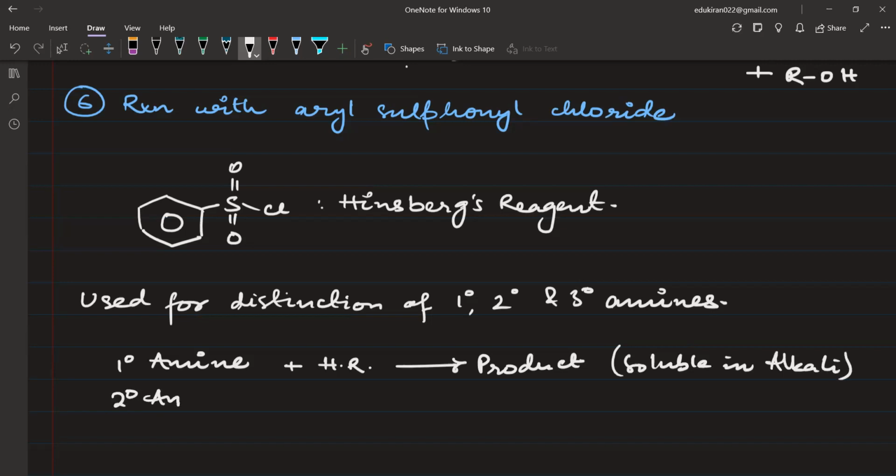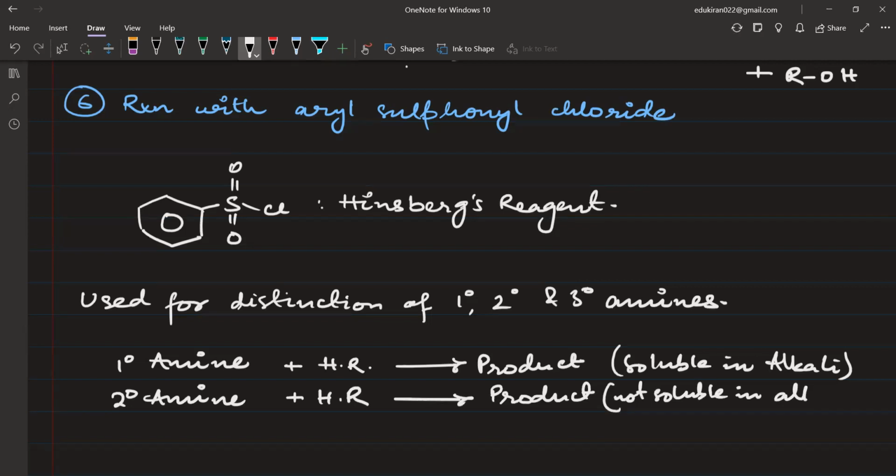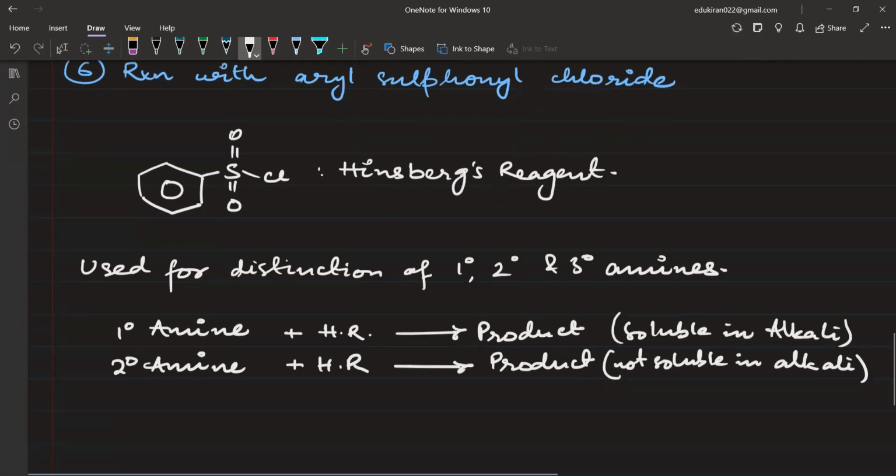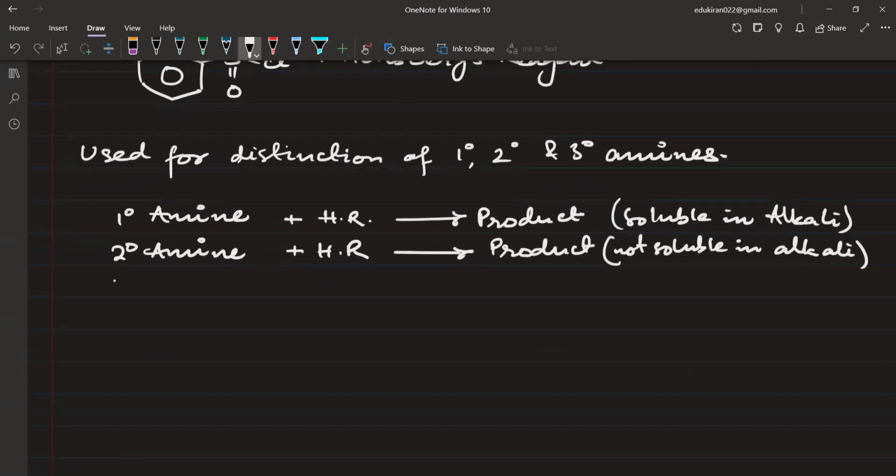If you take 2 degree amine plus Hinsberg's reagent, you will get a product which will not be soluble in alkali. Then you have 3 degree amine plus Hinsberg's reagent. This will give you no product.